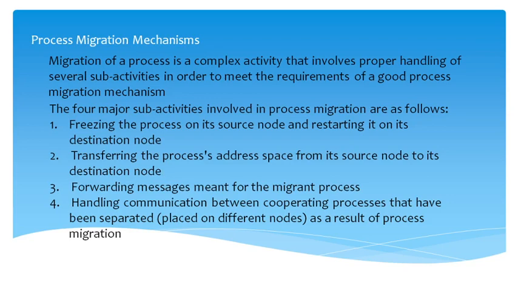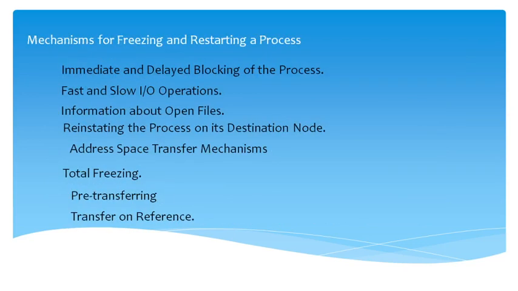So, what are the different mechanisms for freezing and restarting a process? This is the first step now, freezing and restarting. For this, what are the different mechanisms? Immediate and delayed blocking of a process.